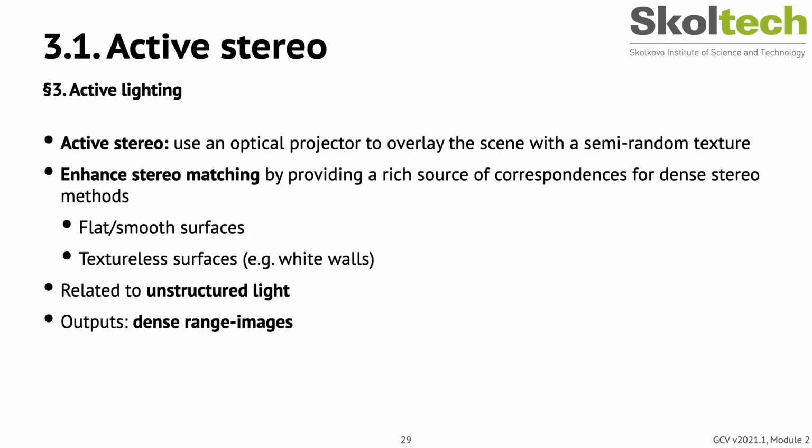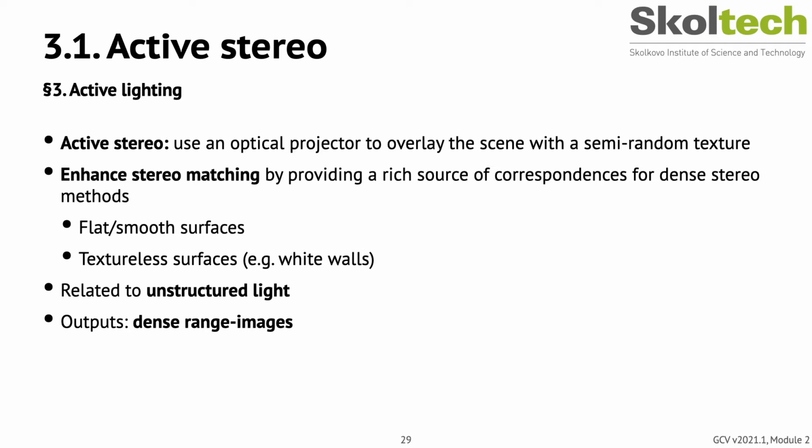Under some conditions, optically superimposing texture can be helpful and even required to perform efficient stereo matching. To this end, active stereo vision relies on the addition of an optical projector that is located near the stereo cameras and overlays the observed scene with a semi-random texture.